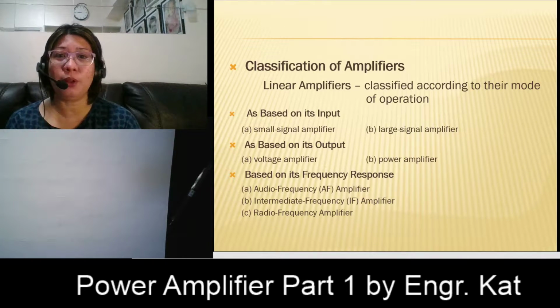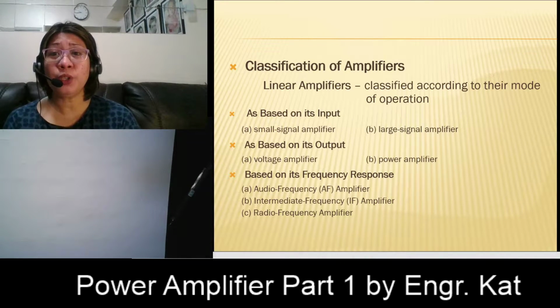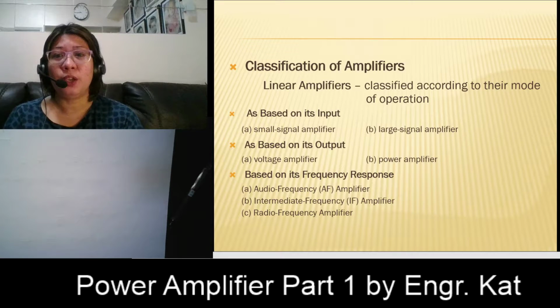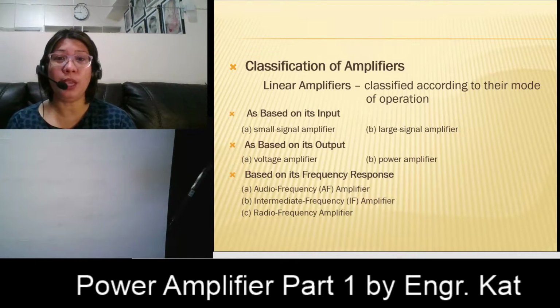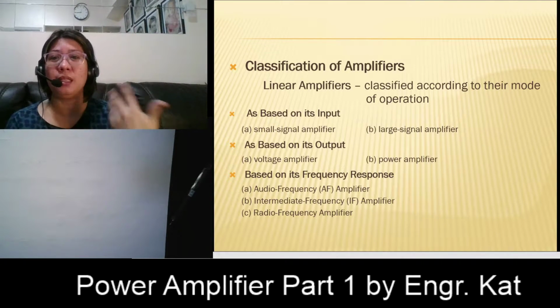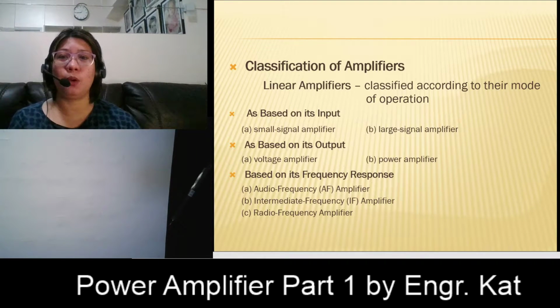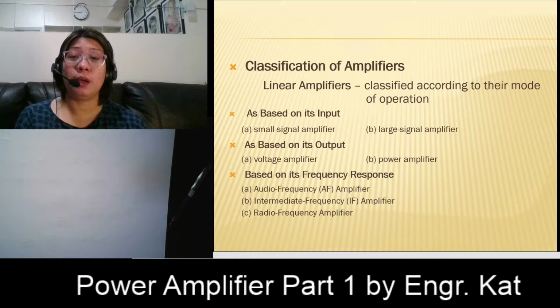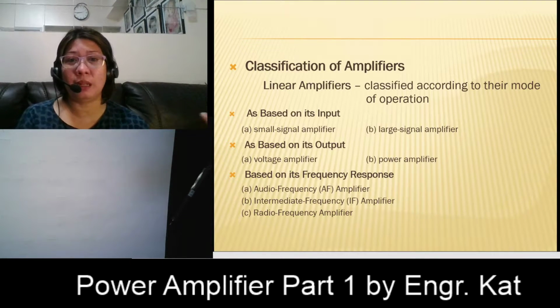Okay, but when we say large signal amplifier, your input signal is large enough that it can reach your saturation and your cutoff regions. Okay, so that's the main difference. It is not something like 1 millivolt is a small input signal and 1 volt is a large signal.